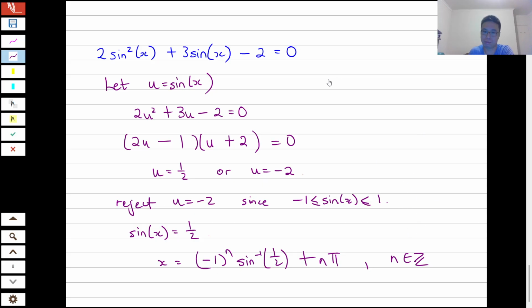And I guess I'll draw the triangle again. 1, root 3 and 2. Sine of pi on 6 gives me a half, and I've got it right this time. So it's -1 to the power of n, pi on 6, plus n pi.